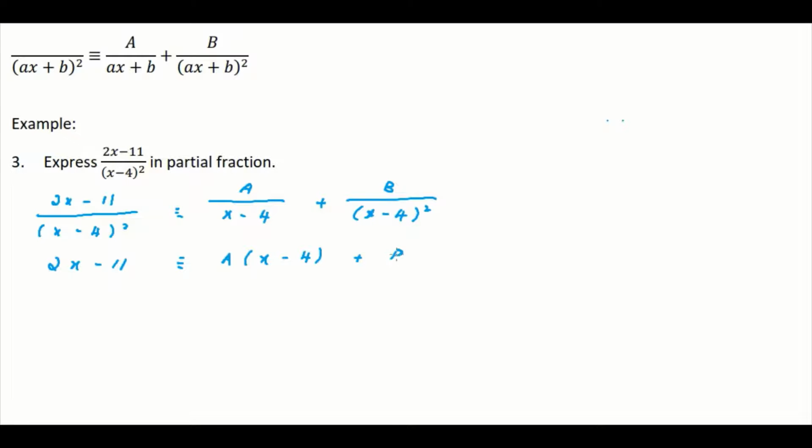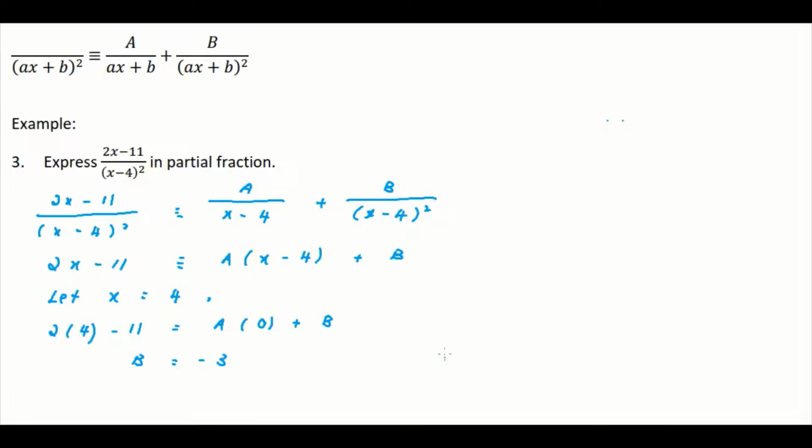Since we have this situation, let's try to find b first. It will be easier because we can let a become 0. Since we don't have any factor here, let x equal 4. So 2 times 4 minus 11 equals, your a here will become 0 already, and then plus b. So you will get your b as negative 3.